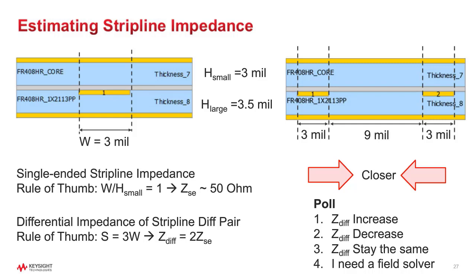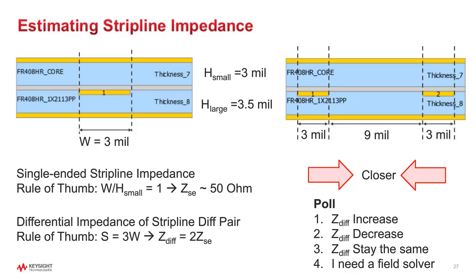This is the exercise that we're going to go through: once we have these rules of thumb in mind, it will be very easy to estimate what you expect in terms of impedance, higher or lower, in reference to 50 ohm. Because sometimes you don't always have the time to bust out your 2D or 3D field solver to put in the numbers and create a mesh and do a simulation and analysis.